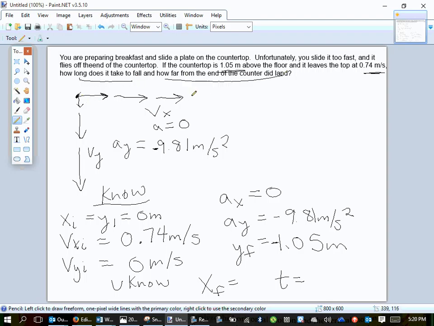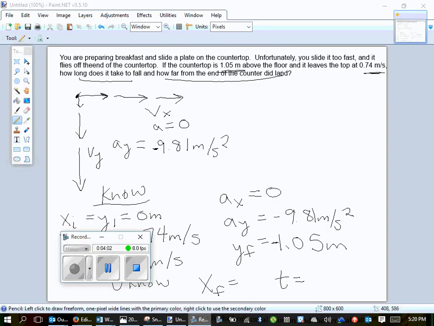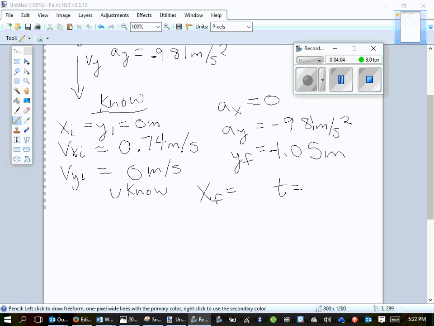How far is the x direction? So we want x final. Looking around for a formula, let's first of all see if we can solve for time. It looks like we have a displacement, an initial and a final in the y direction.